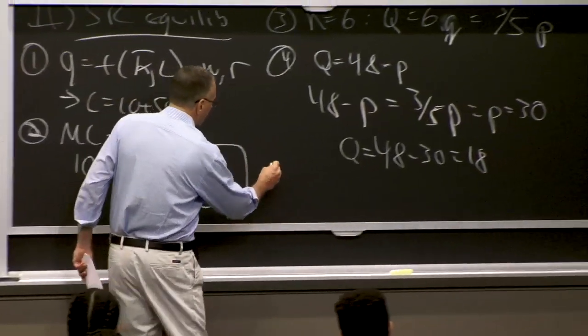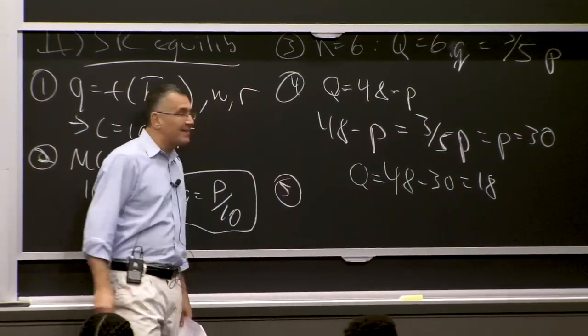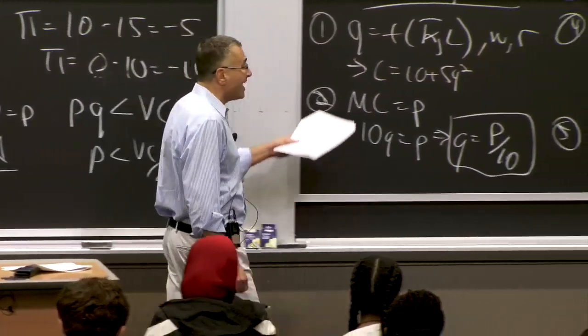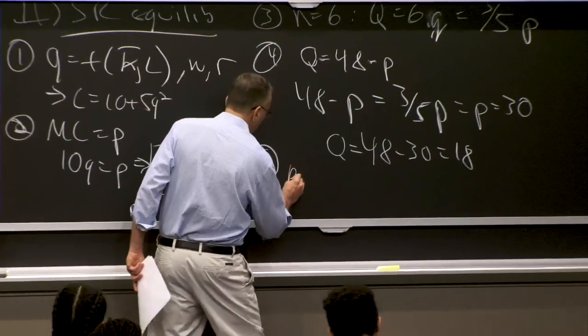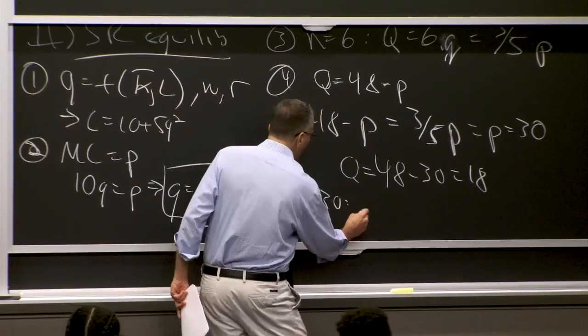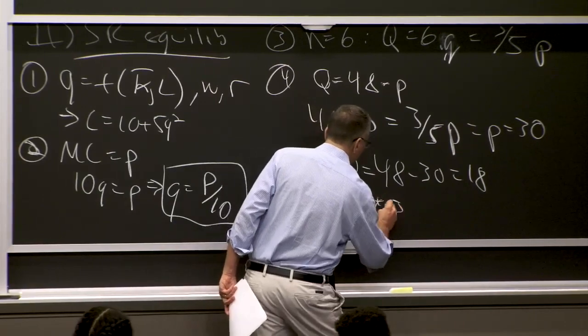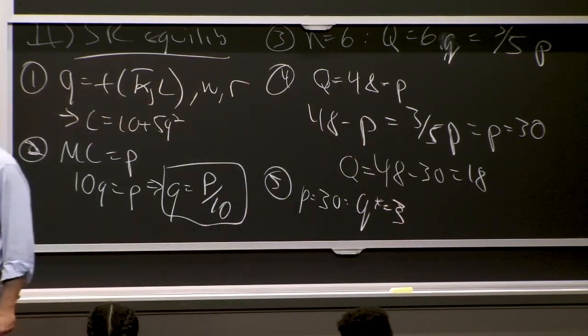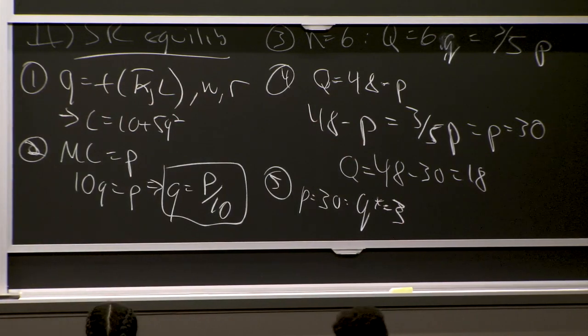The 5th step: each firm says, given this price, what do I want to produce? Well, we know that given a price of 30, each firm's little Q star is 3. That's what we solved. So each firm produces 3 units.